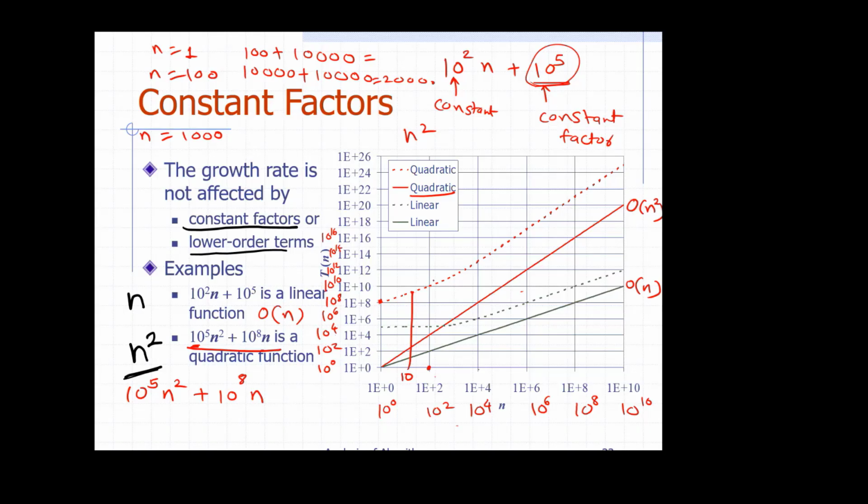But you will notice that after a point, when it reaches 10 raised to 5, which is the factor here, both lines will go parallel. So what that tells us is that the lower order term, which is in terms of n, has a very small contribution compared to n square.